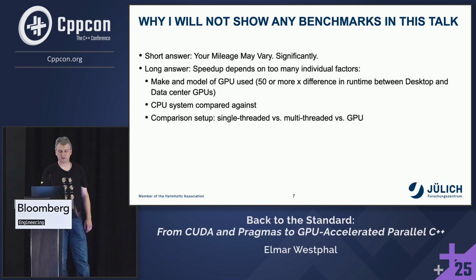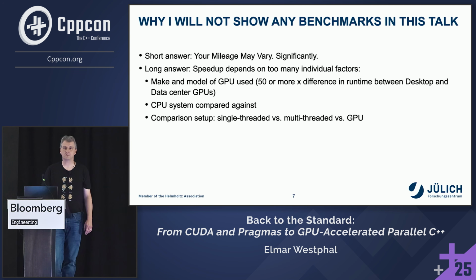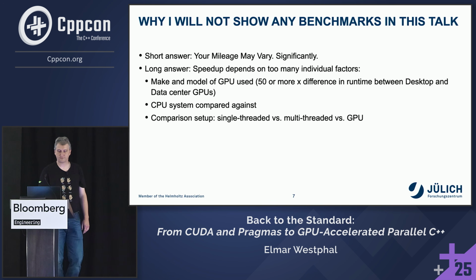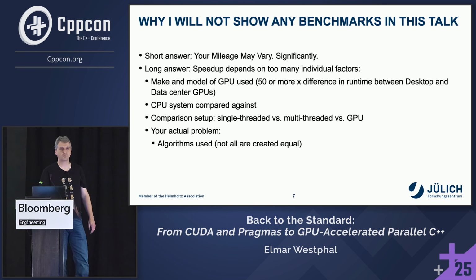And if you do a single-threaded versus a multi-threaded versus a GPU setup, I've seen people claiming, hey, I've got 1,000-fold speed up porting this code to GPU. And I said, okay, that's fine, but probably you should have taken care of the CPU code first. And it also depends on the actual problem you're trying to solve.